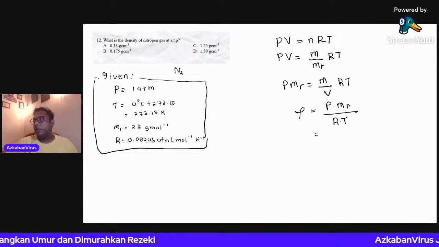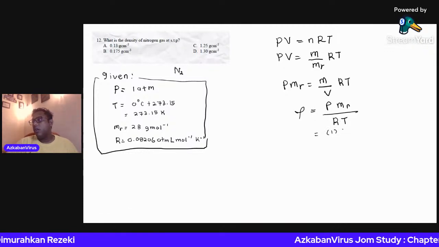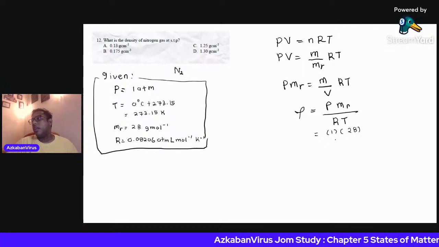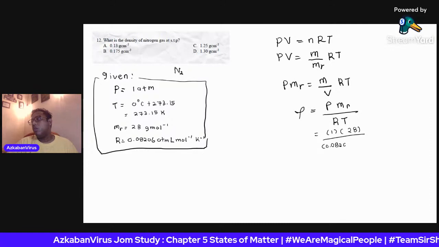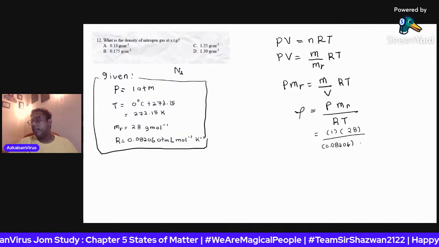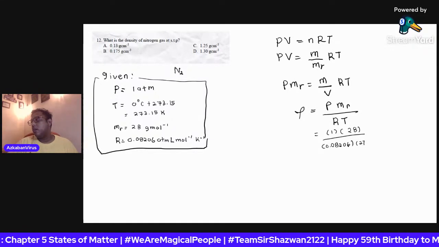So, kita boleh masukkan kat sini, pressure kita adalah 1, molar mass adalah 28, R kita adalah 0.08206, T kita adalah 273.15.